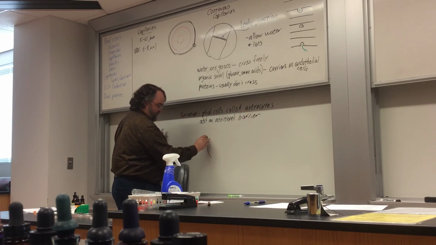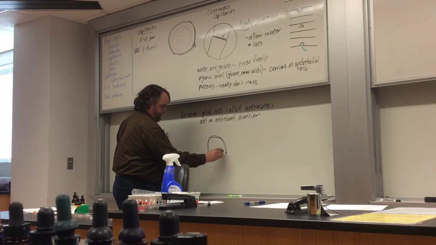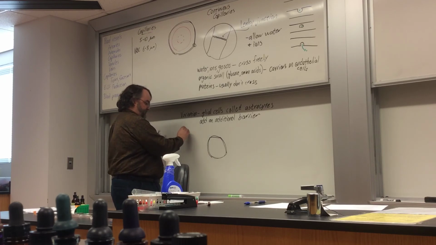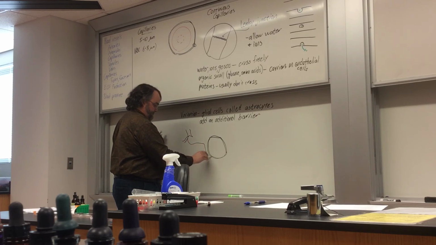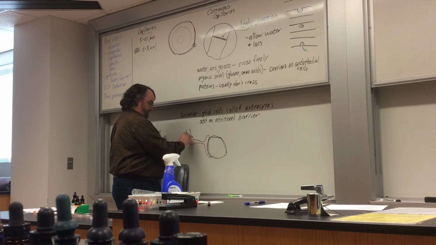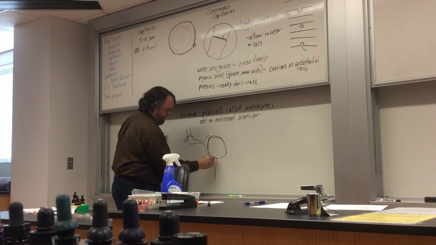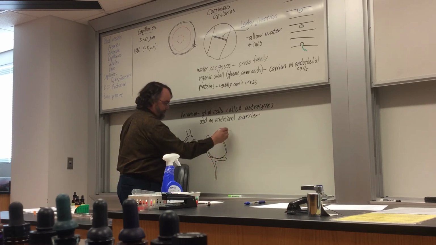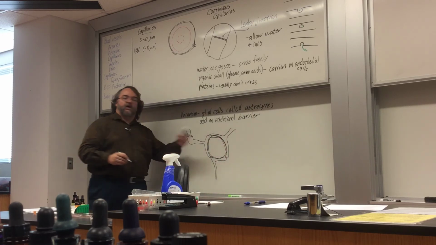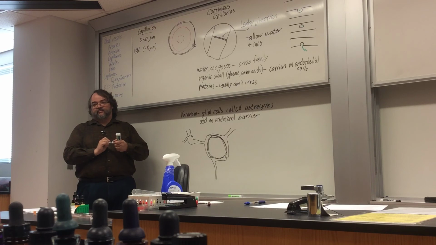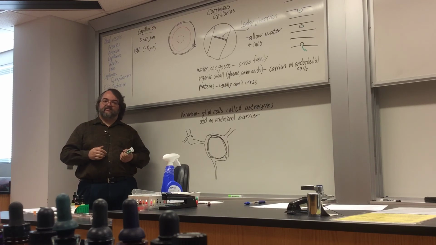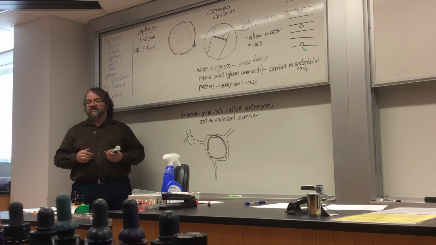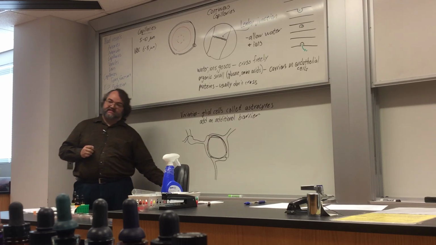So in addition to our endothelial cells, other cells called astrocytes also envelop the blood vessel, adding another layer that things have to pass through. It tightens it up a great deal.